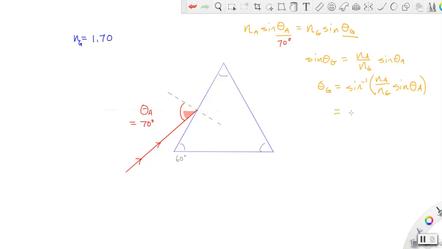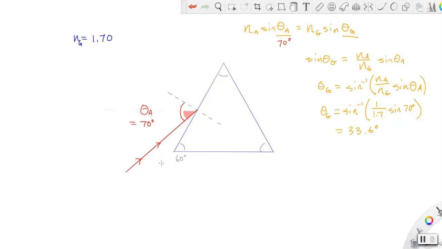But okay, so here we get theta glass is equal to the arc sine of 1 over 1.7 times the sine of 70 degrees, which is 33.6 degrees. Now don't jump onto your diagram immediately with this angle.